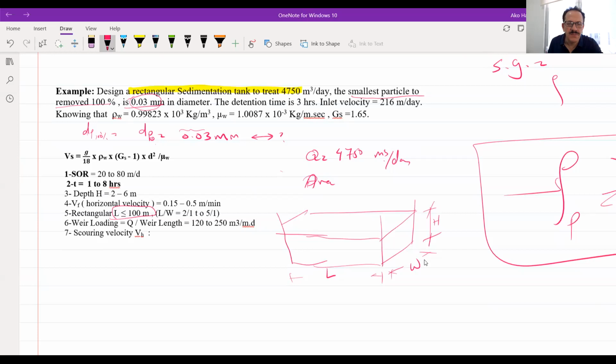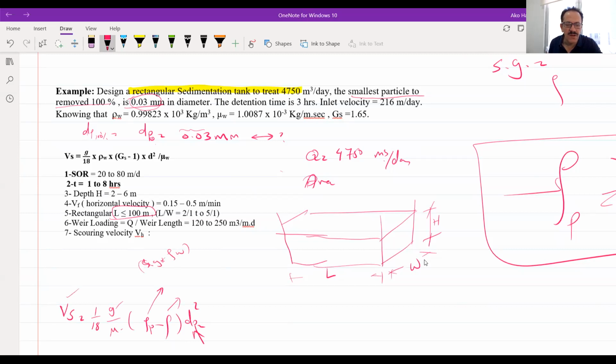Starting from this trick, very good information is given to me, that this will be the 100% particle removal. So when we apply the settling velocity, it is 1/18 g over mu, times rho particle minus rho water, times d particle squared. I have this, and I have rho water, and rho particle is equal to specific gravity times rho water, and I have g, I have mu.